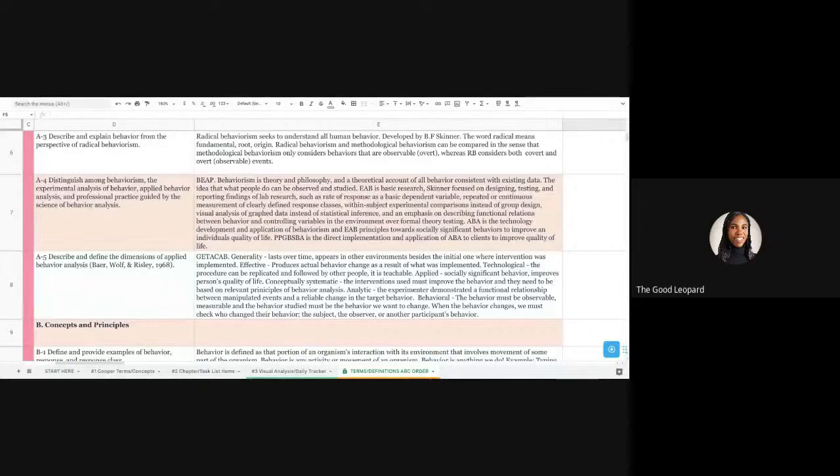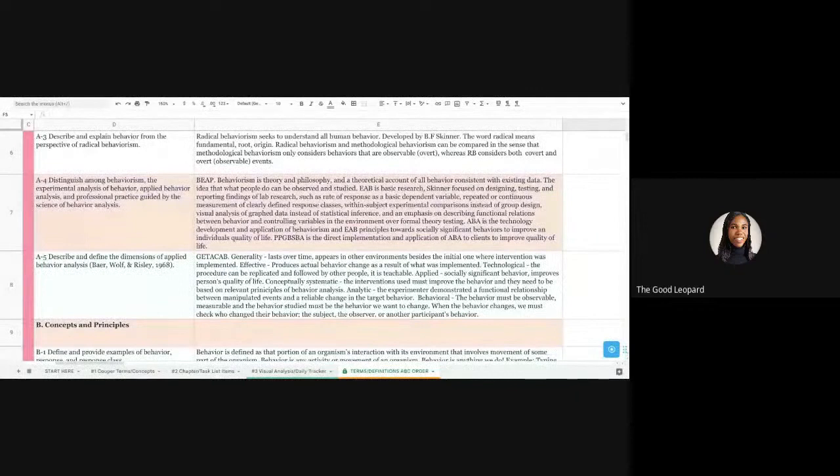So with EAB, Skinner focused on designing, testing, and reporting findings of lab research, such as rate of response as the basic dependent variable, repeated or continuous measurement of clearly defined response classes, within-subject experimental comparisons instead of group designs, visual analysis of graph data instead of statistical inference, and an emphasis on describing functional relations between behavior and controlling variables in the environment over formal theory testing.